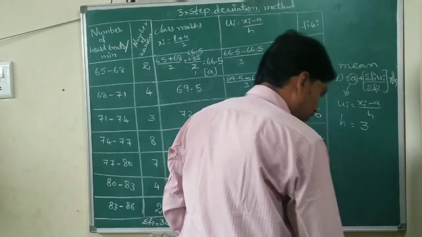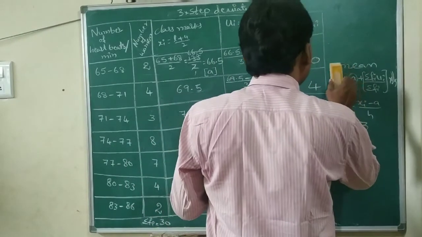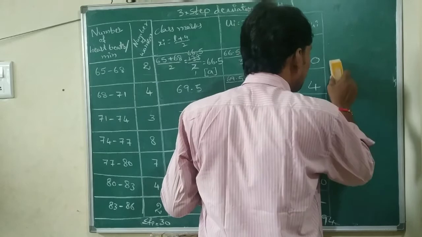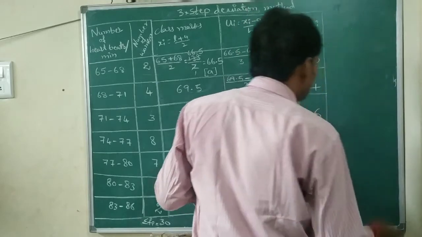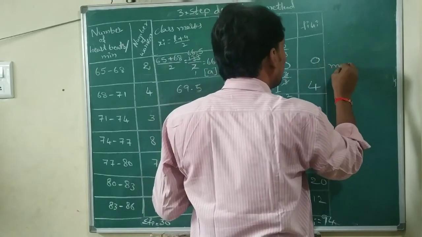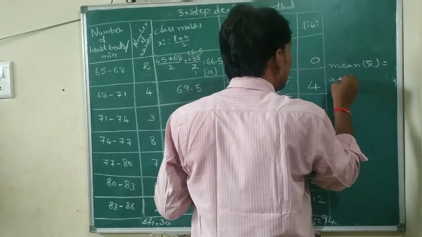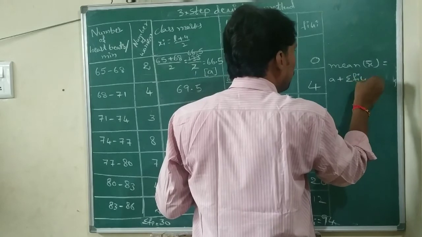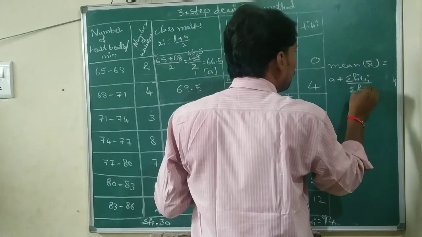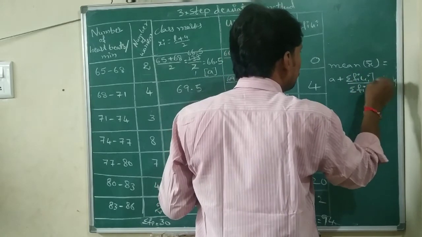Now we can take the formula: mean x bar equals a plus sigma fi ui by sigma fi into h.